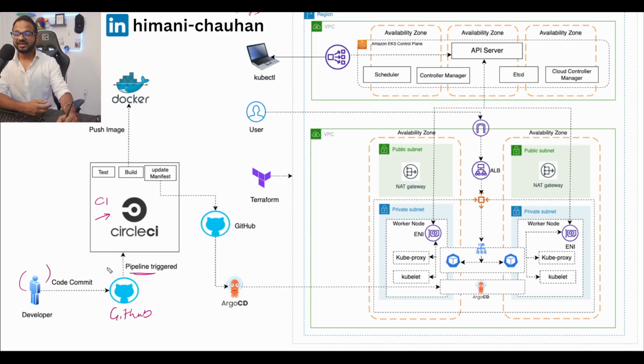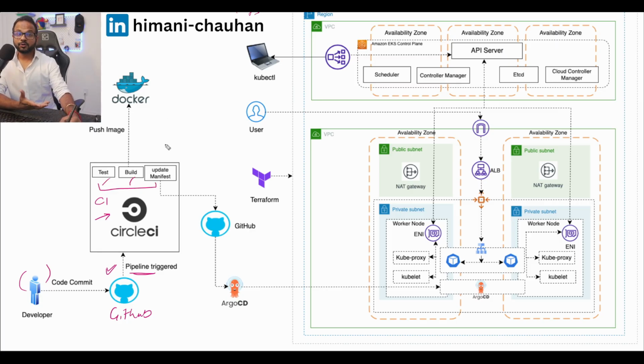So this is the trigger. So the code commit, pull request, or the merge, this is the trigger. So as soon as the trigger gets received by the CircleCI tool, this pipeline is triggered. So this pipeline will test the code, build the code. We are not doing testing in this project particularly, but we'll be doing the rest of the steps.